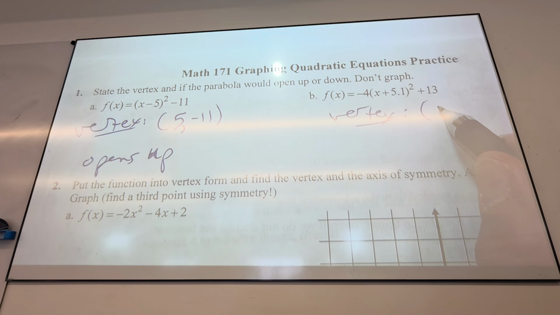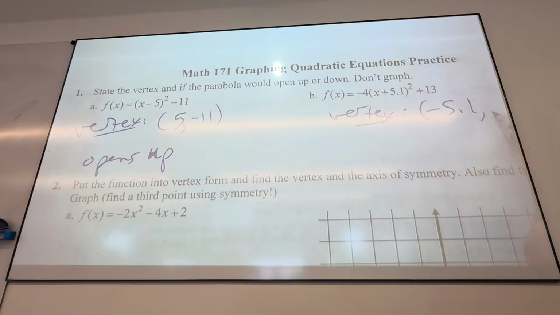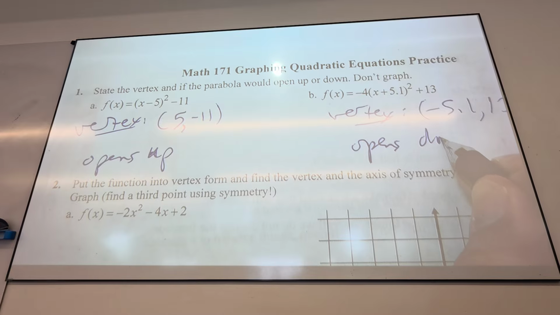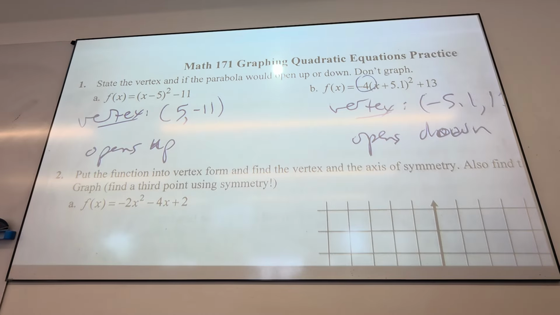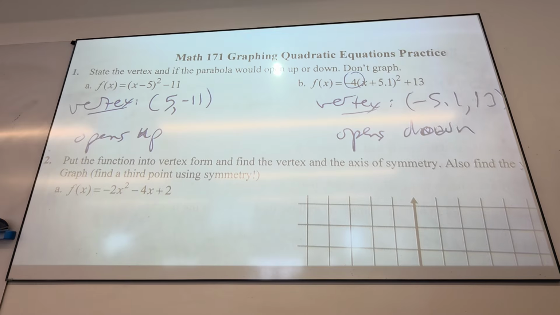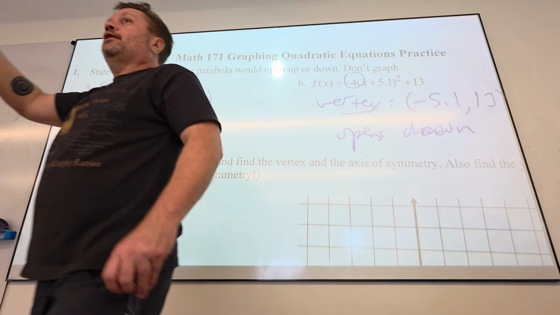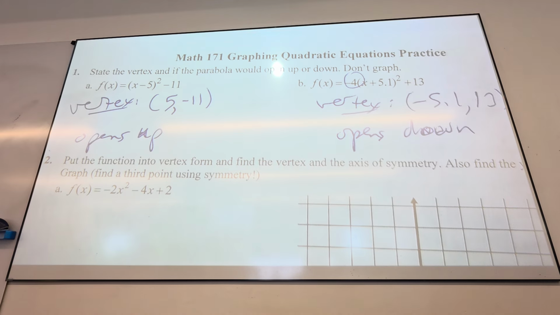Careful. Negative 5, 13. And how does it open, up or down? Good, because that's negative. Okay, I like it. How are we doing so far? If it's in that form, it's great. The work's been done. I just have to look at it. It's really nice because they didn't make you graph either one of those.